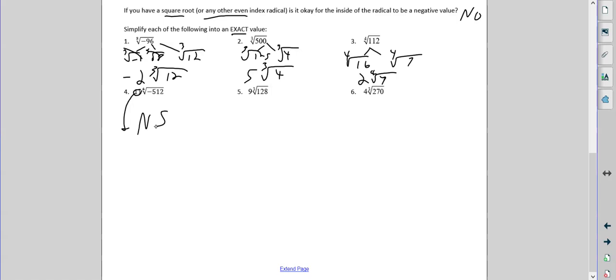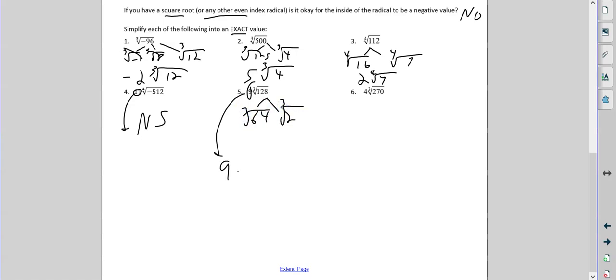All right. Number 5 has this 9 out here. Let's not forget the 9 times whatever comes out. Now, 128, we're looking for a magic number that goes into 128. It's not going to be 125. The next number, it is 64 times 2. Cube root, cube root.